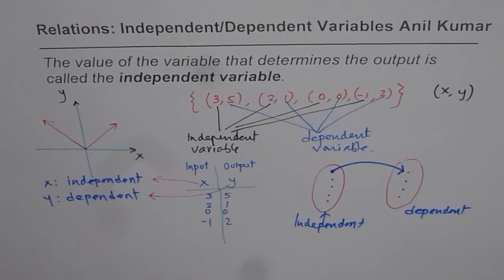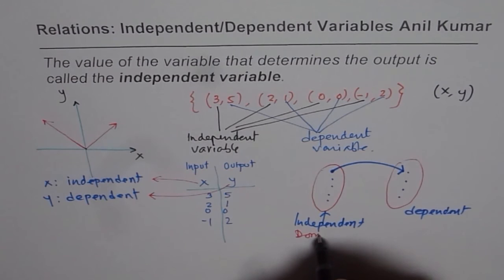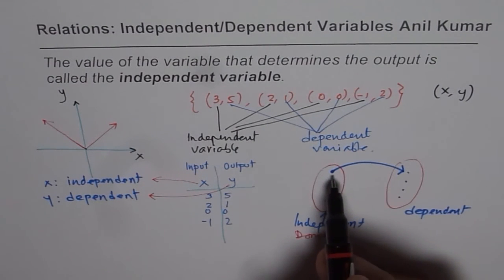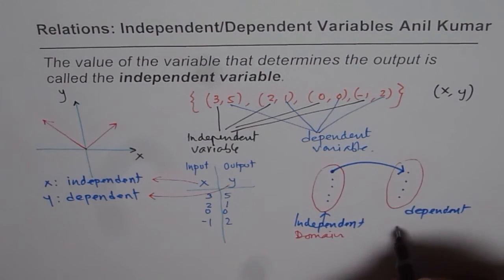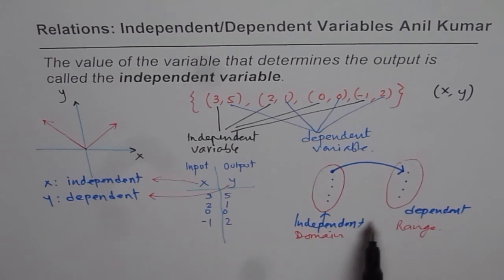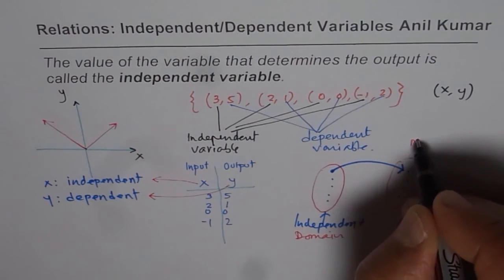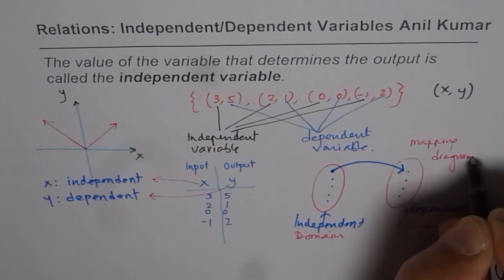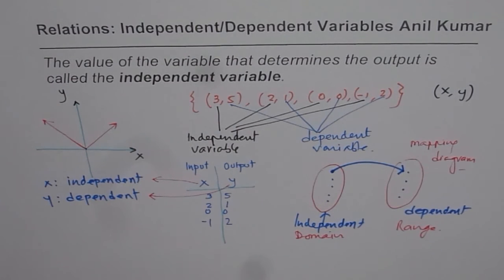So in a mapping diagram, the independent variables which form the domain are the set of points from where the arrow originates, and the range is where it is associated or where it terminates, right? So that is in the case of a mapping diagram. So in different scenarios, you could have independent and dependent variables as shown here.